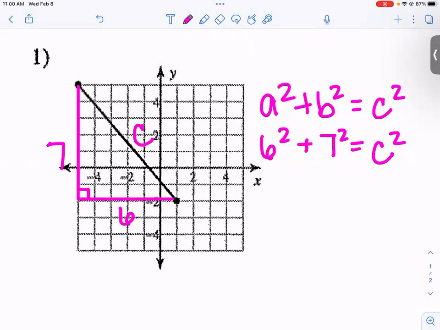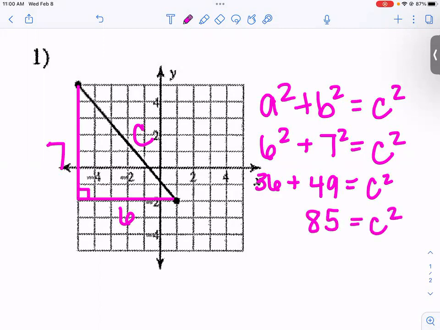We'll get there. What is 6 squared? 36. What's 7 squared? 49. When we add 36 and 49, 85. So now we know that our last step is to take the square root of both sides.